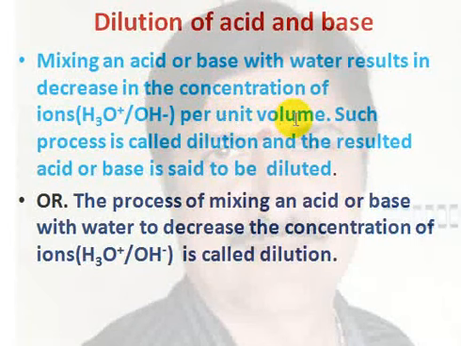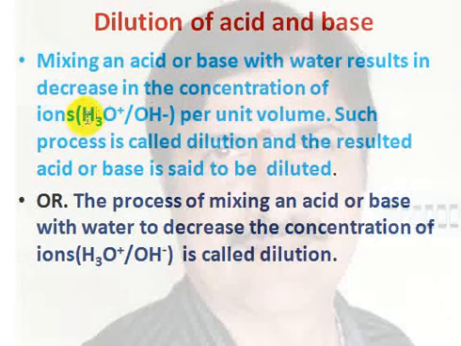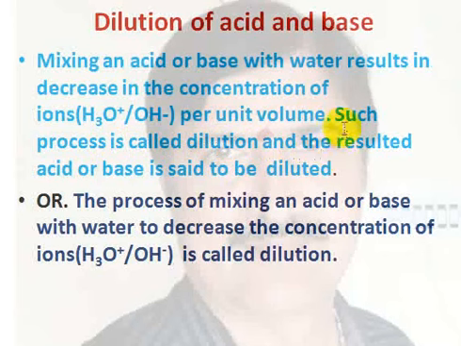In a unit volume of concentrated acid, there are a large number of H+ ions. But by adding water, you decrease the number of H+ ions in that unit volume. Such a process is called dilution.